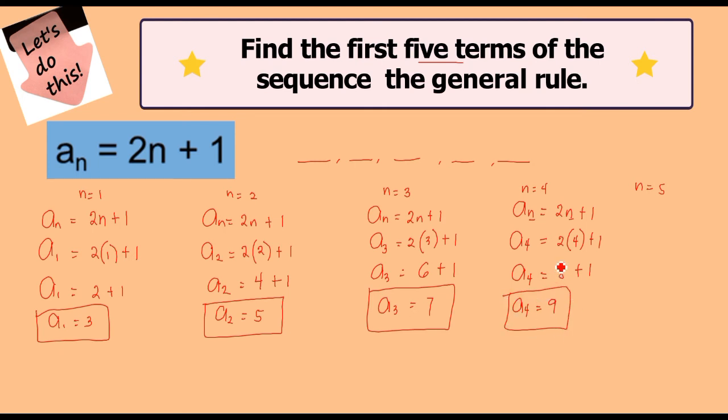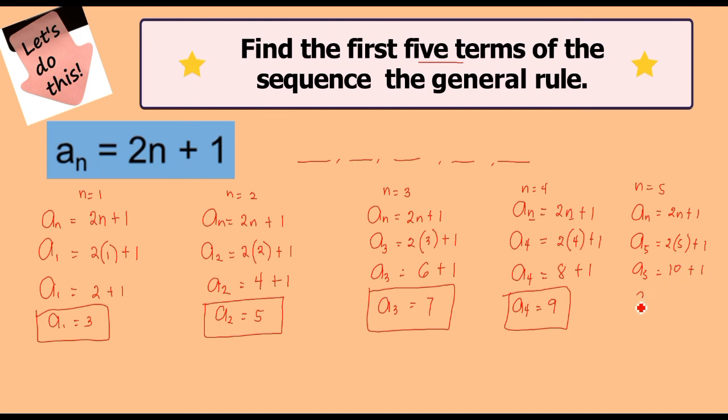Okay? And the last term, which is n equals 5. So, a sub n equals 2n plus 1. So, a sub 5 equals 2 times 5 plus 1. Okay? So, a sub 5 equals 2 times 5 is 10 plus 1.